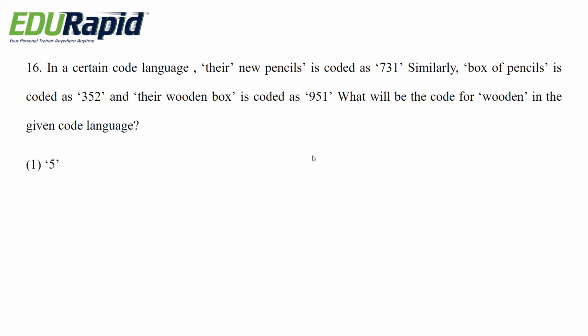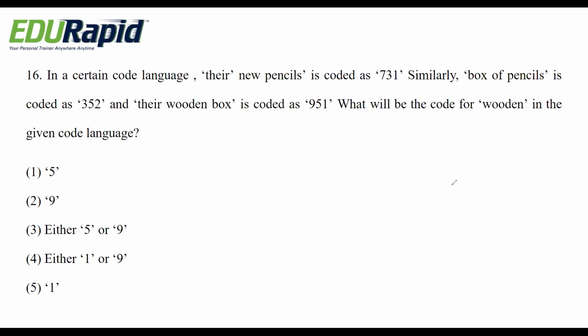Options are 5, 9, either 5 or 9, either 1 or 9, 1. So here also compare what the code for wooden is. Wooden is not there in the first statement, and also not there in the second one, only present in the third statement. Let me check with the number 9.